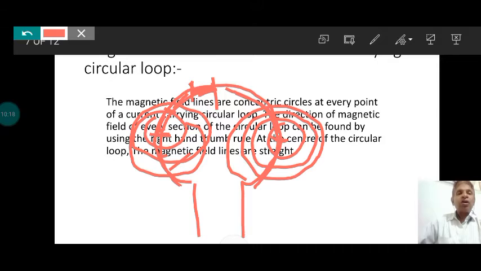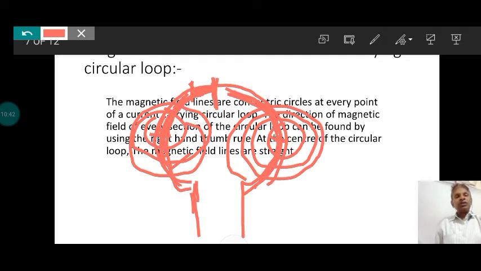Now, in one half of the circular loop the current is flowing in the upward direction, and in the other half the current is flowing downward. So the direction of current in the next half of the loop is reverse.